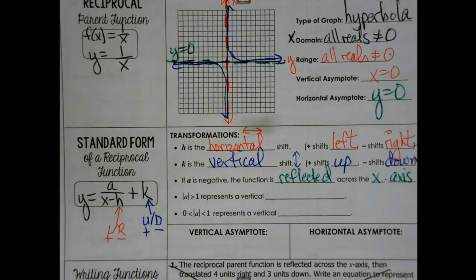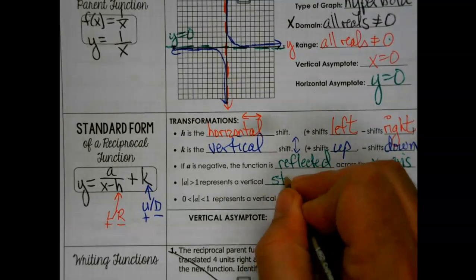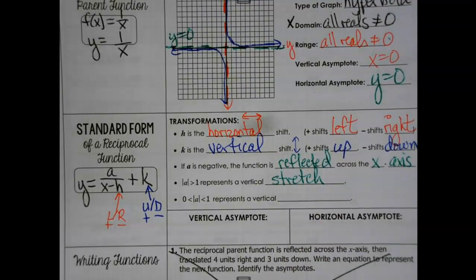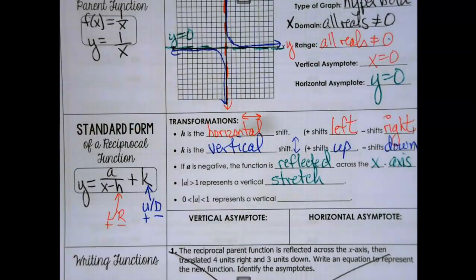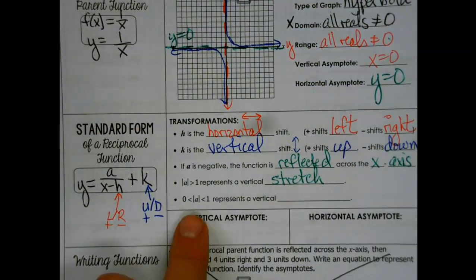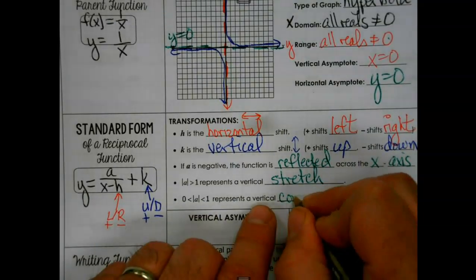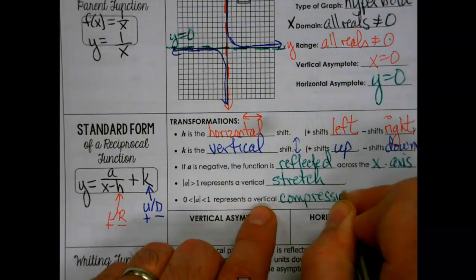But A has a second job, too. A also represents a stretch if it's getting bigger, which means it's going to be getting further away from the asymptotes. Or if it's a fraction, between 0 and 1, it gets compressed.